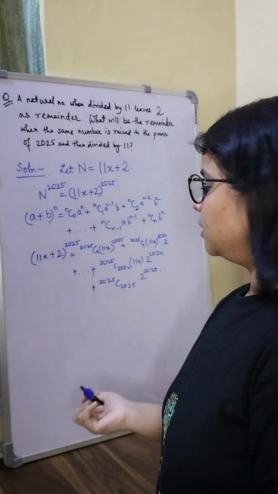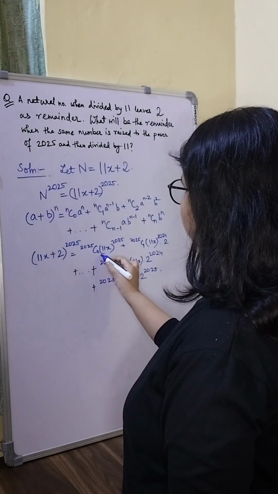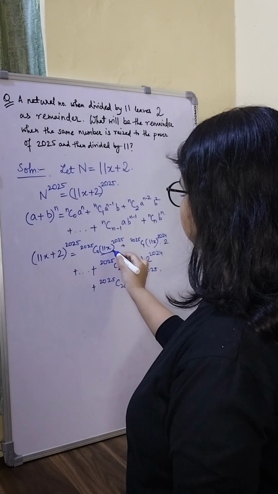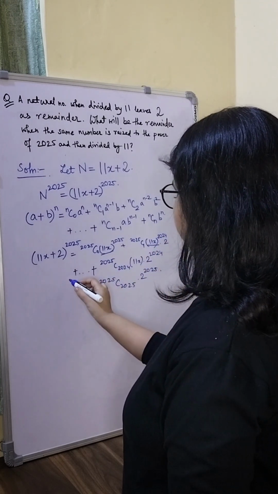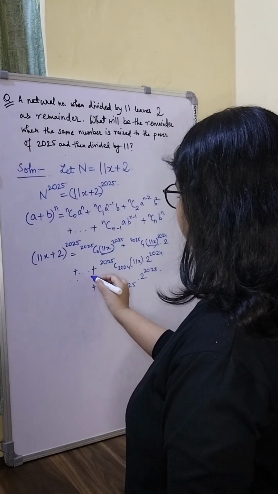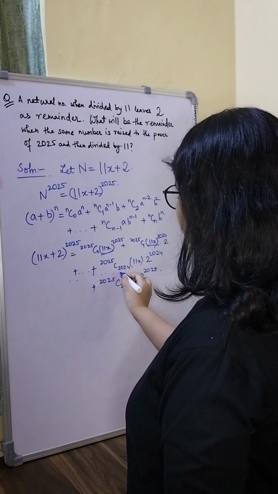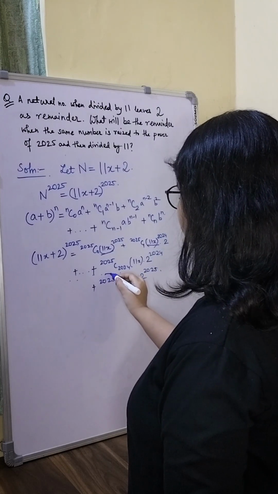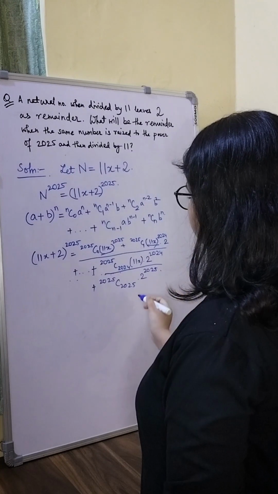Got it? Now, you see that you have powers of 11x in the first term, in the second term, then in the third term, fourth term, fifth term, up to the second last term, right? You see?